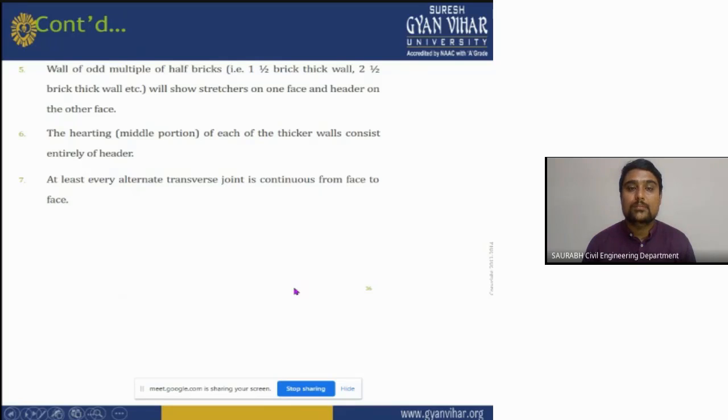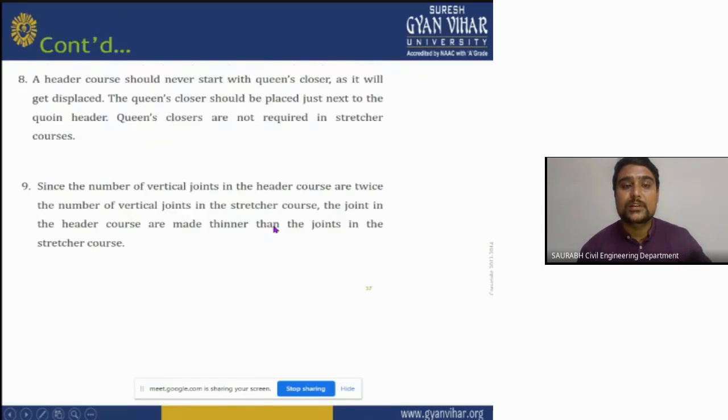A wall of odd multiple of half brick will show stretchers on one face and headers on the other face. The heart of each thicker wall consists entirely of headers. At least every alternate transverse joint is continuous from face to face.